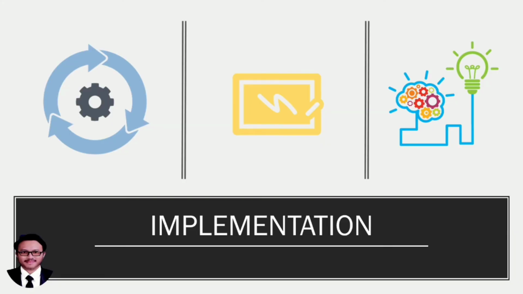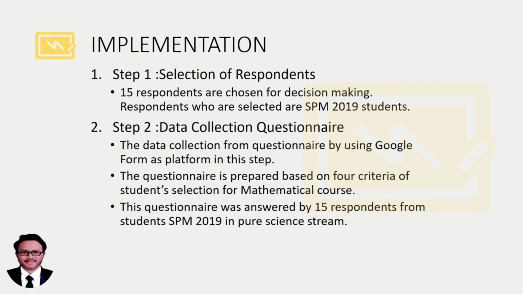For the implementation, step 1, selection of respondents. 15 respondents are chosen for decision making. Respondents who are selected are SPM 2019 students. The next step is data collection by questionnaire.